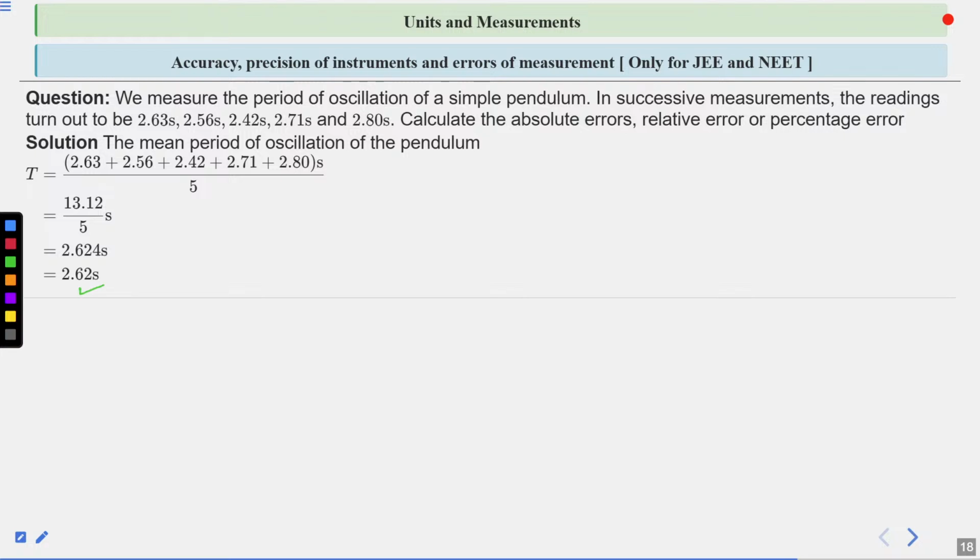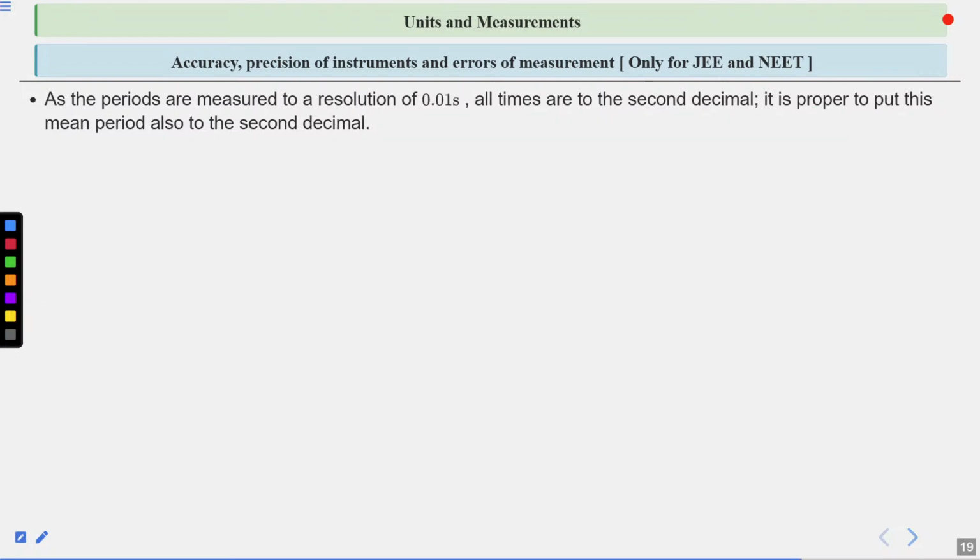We have to calculate the absolute errors, relative errors and percentage error. This is the mean period only. As the periods are measured to a resolution of 0.01 second, all times are to the second decimal. It is proper to put this mean period also to the second decimal.